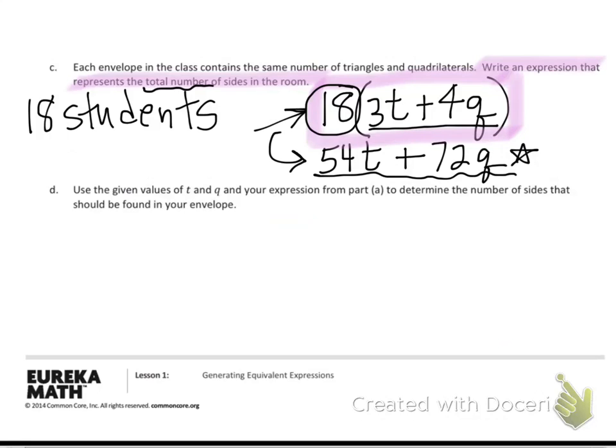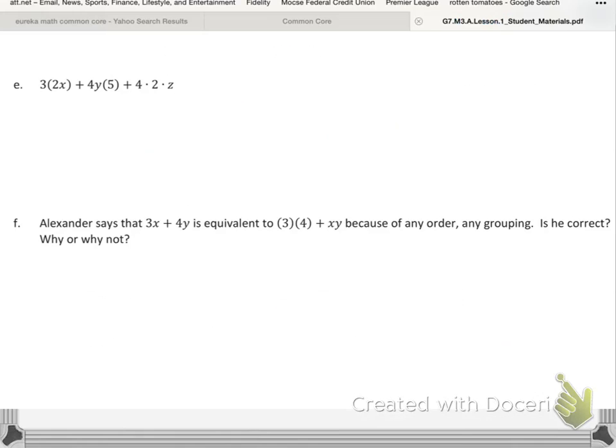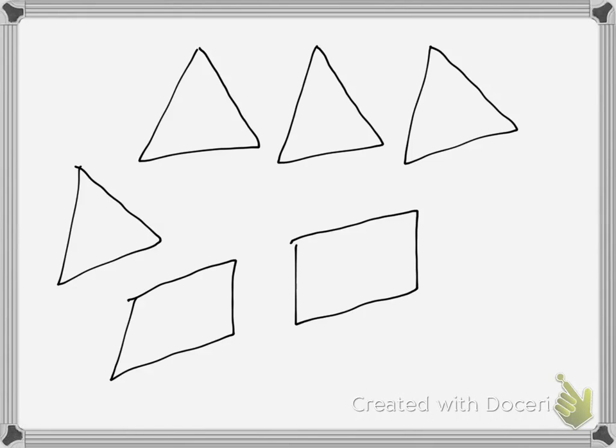Part D says use the given values of T and Q and your expression from part A to determine the number of sides that should be found in your envelope. So these given values of T and Q, I would just have someone in the class tear open their envelope and find out that it looked like that.